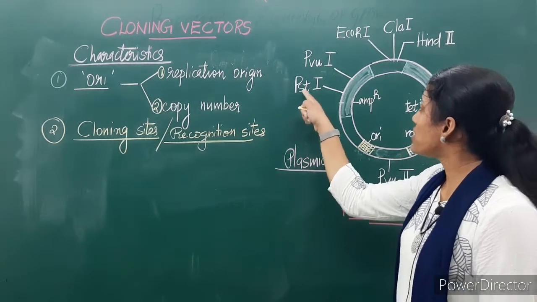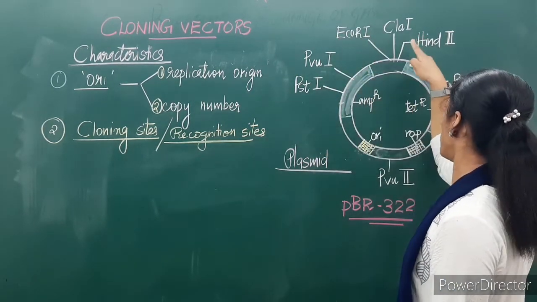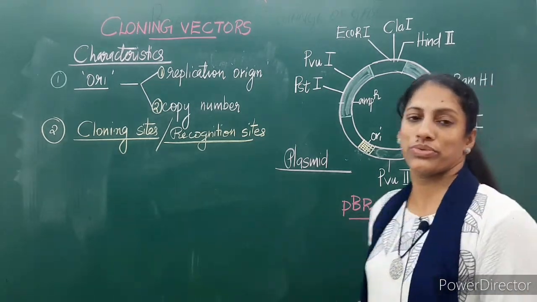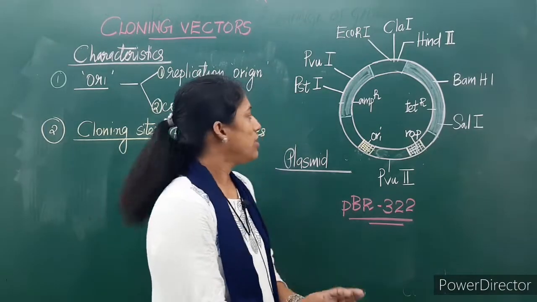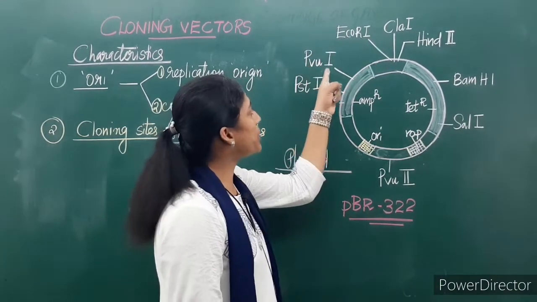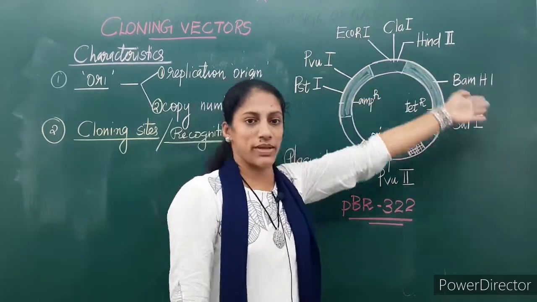Okay, see PstI, PvuI, EcoRI, ClaI, HindIII, BamHI, SalI, PvuII. What does this indicate? This never means EcoRI is present here. It never means PvuI is present here. These are enzymes. These all are enzyme names.